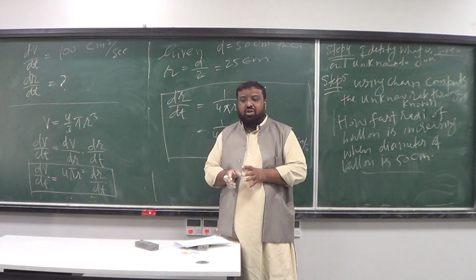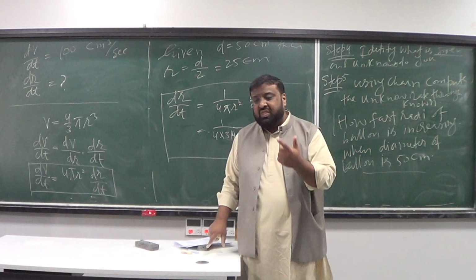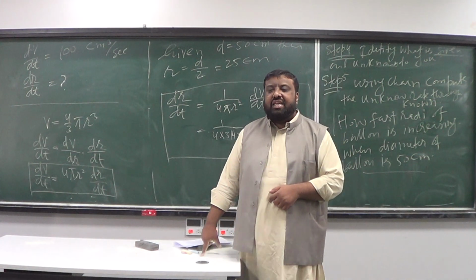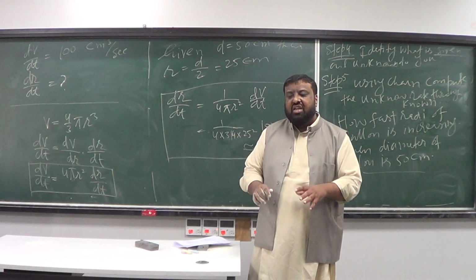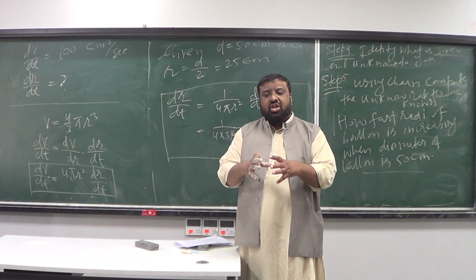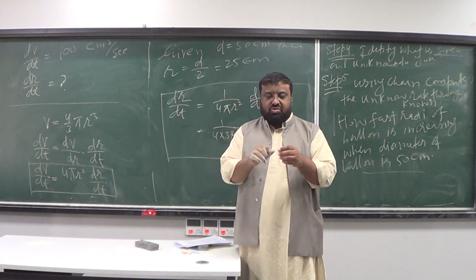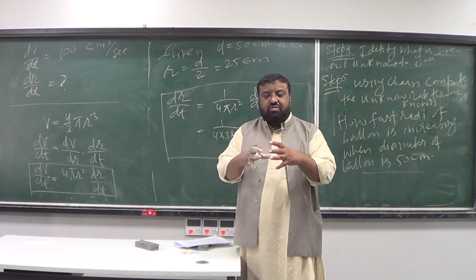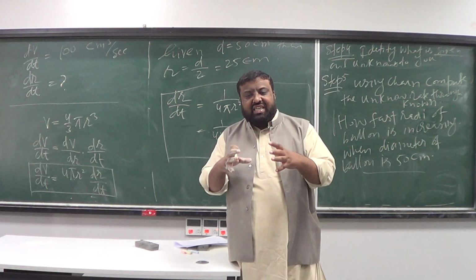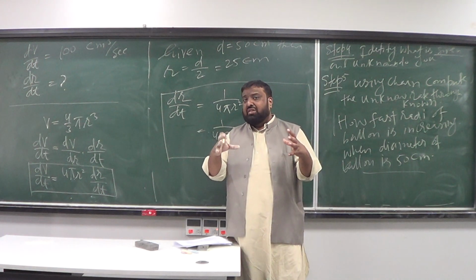I can, for example, pump air into the balloon at a fixed rate, and then see how much time the balloon takes to go from this size to this size. In other words, this gives me the rate at which the volume is increasing. So measuring the volume of the balloon is not difficult.